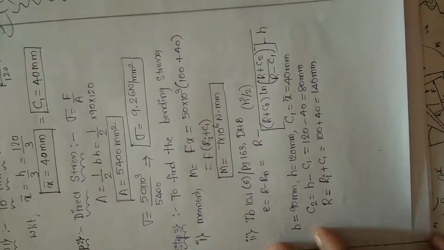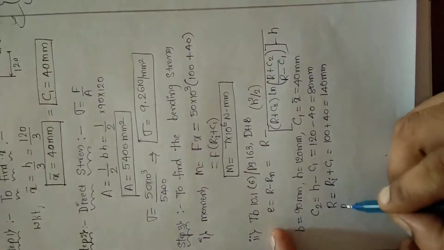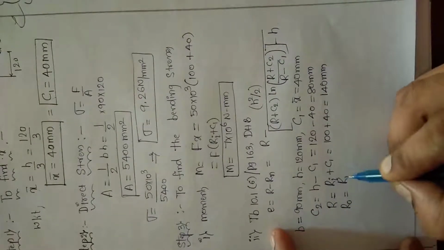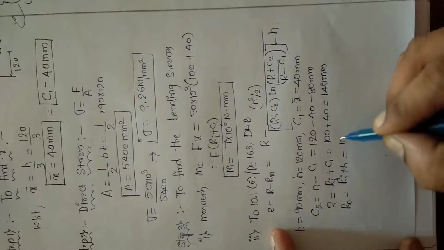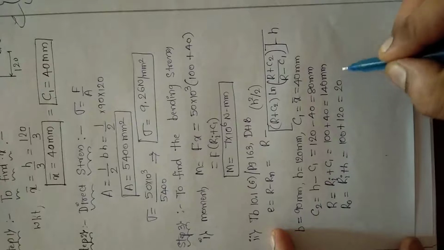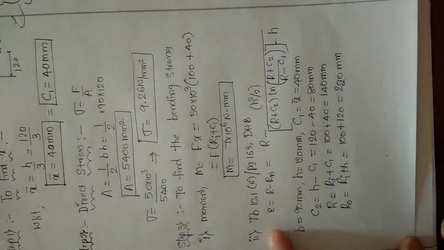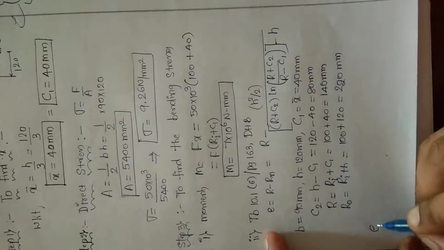Okay. So next, R naught is equal to Ri plus H. Ri is 100, H is 120, I got 220 mm. Fine. So now I'll find E. I know all the notations here.